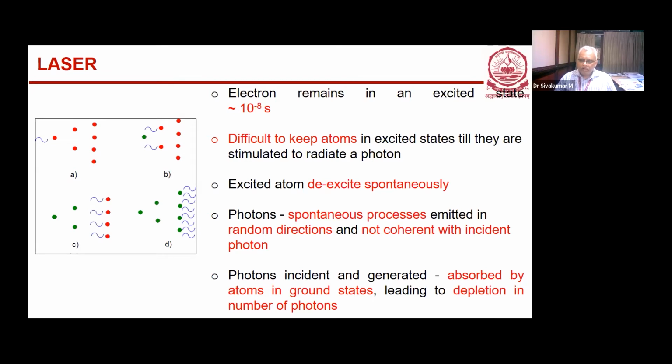It will not necessarily emit another photon when it goes to the ground level. Sometimes it will emit energy in the form of heat also. That is also possible. So we have to choose the process and medium in such a way that this stimulated process can be amplified, so it will come out as a laser process.